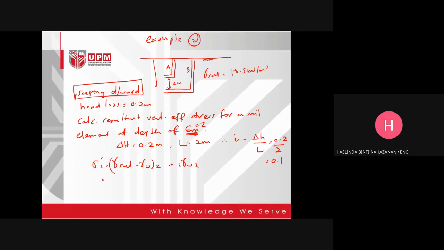So saturated unit weight given to us 18.5 minus unit weight of water 9.8, all multiplied by 6, plus i 0.1, gamma W 9.8, Z again 6 meters. So you end up having effective stress equals 58.1 kPa.